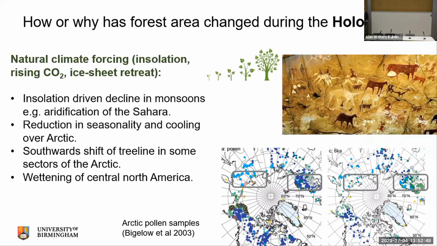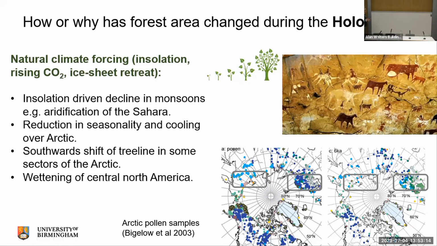So how have forest area and climate changed during the Holocene? Jason showed us some of the basics of the Milankovitch cycles and the changes in Earth's orbit through time. And really through the Holocene, through the last 10,000 years, we're catching one of those cycles, or half of one of those cycles. So over the last 10,000 years, we get a change in insolation.